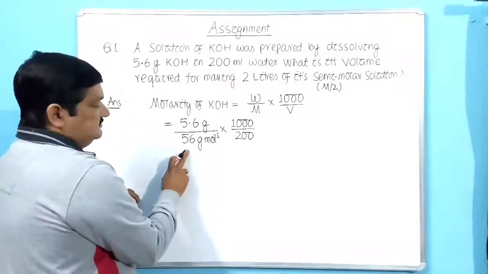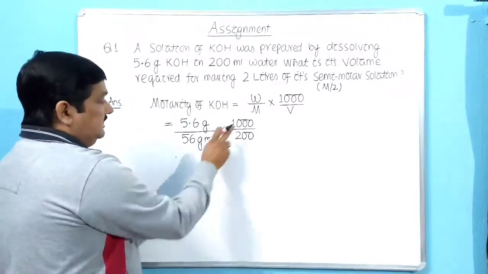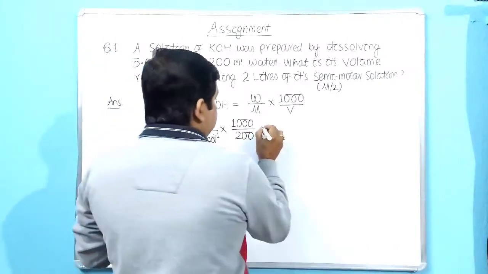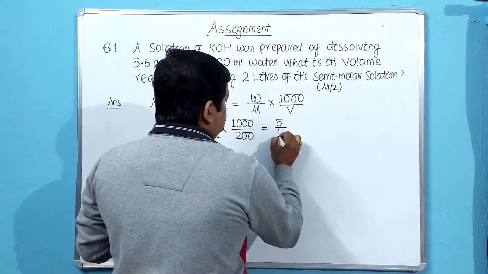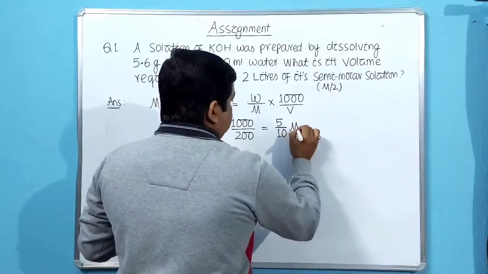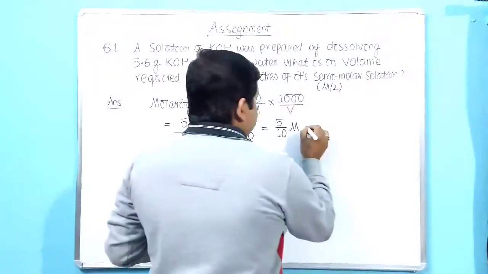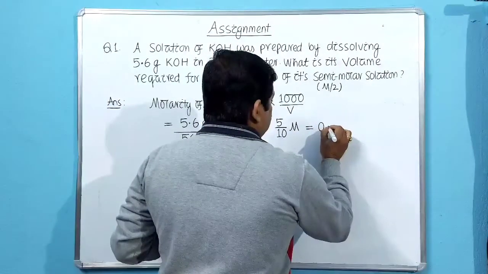So 5.6 by 56 is 1 by 10, and 1000 by 200 is 5. So it becomes 5 by 10 molar, that means 0.5 M.